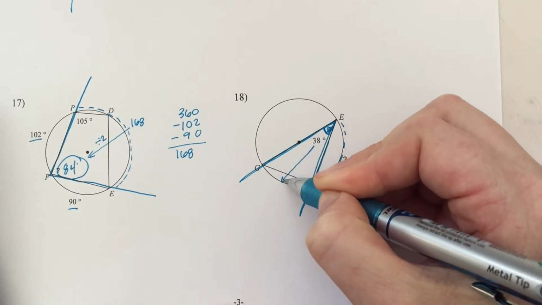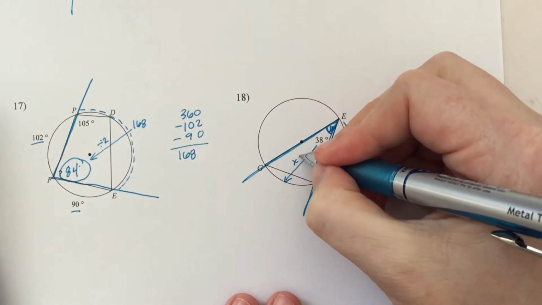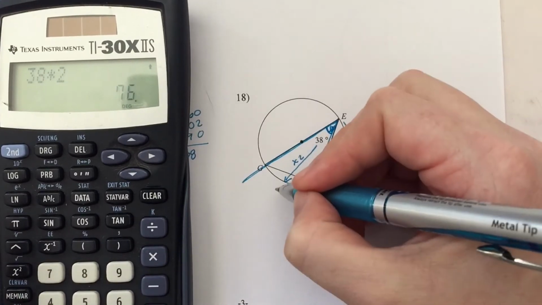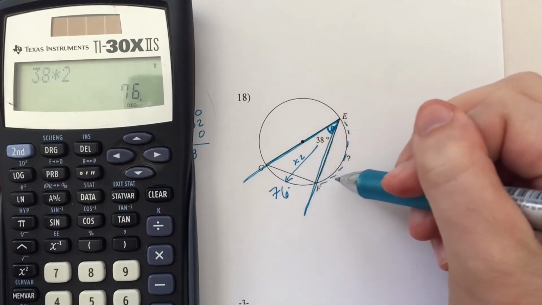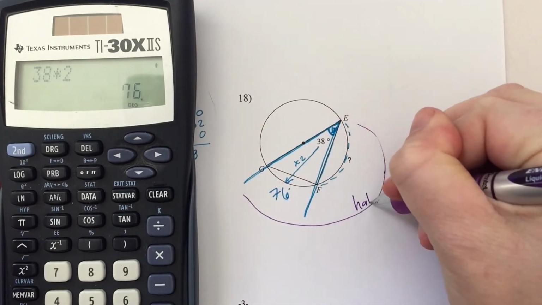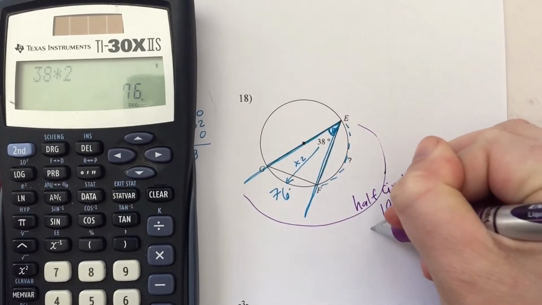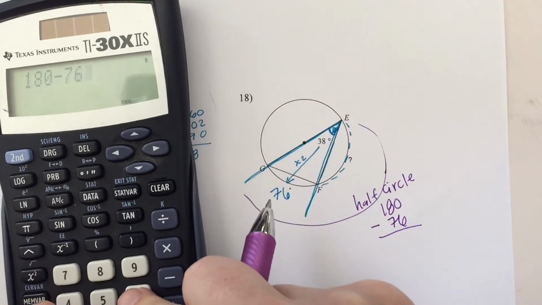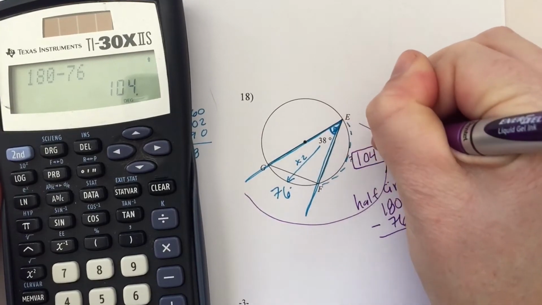When I take it out, it is now becoming bigger, which means I have to times it by 2. 38 times by 2 is 76, which means half a circle is 180 minus the 76, and you get that this arc is 104.